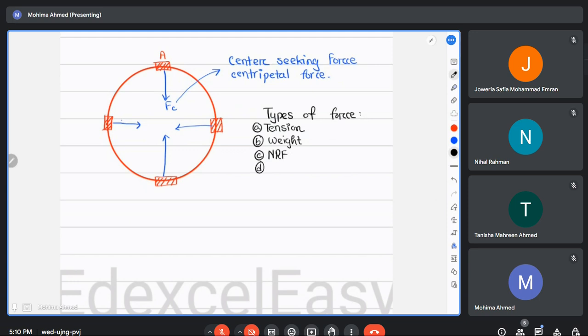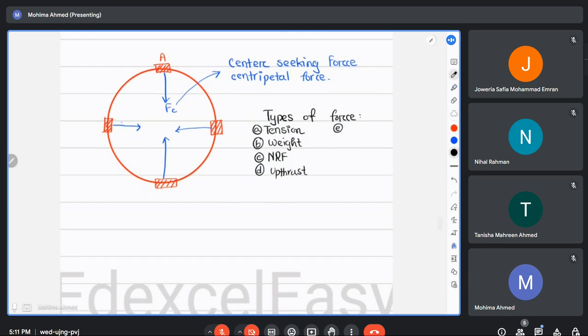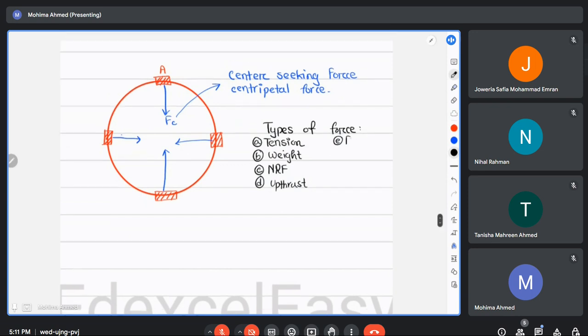Then for part D, weight, tension, normal reaction force, we can have upthrust there. For part E, I can write friction, a very important force, and then drag, and then air resistance. Air resistance. These are the few types of force we learn in our IGCSEs, right?